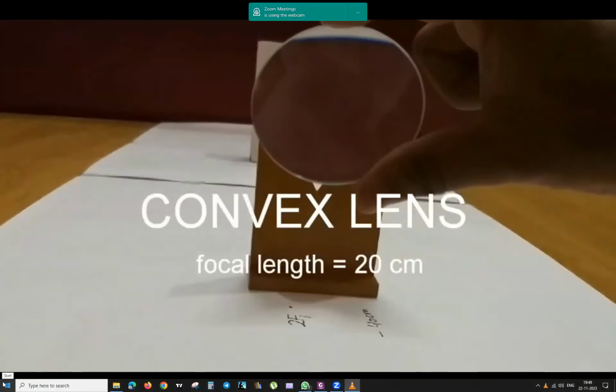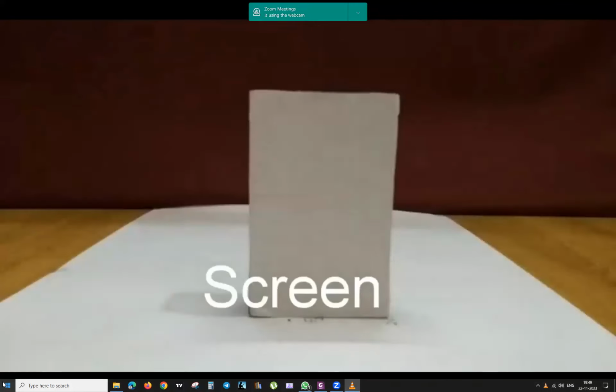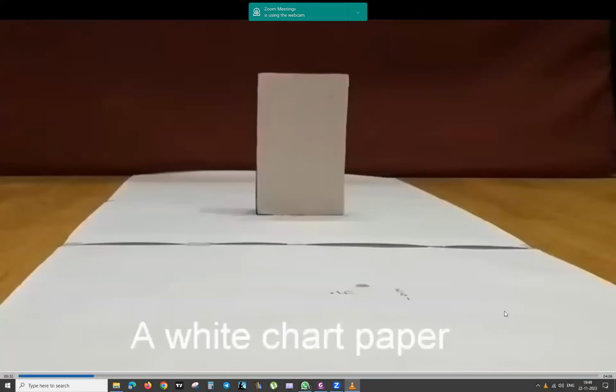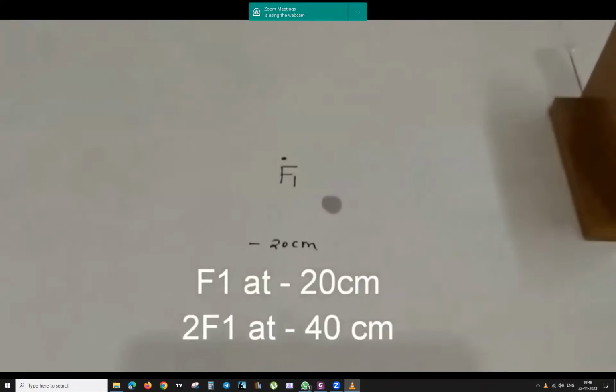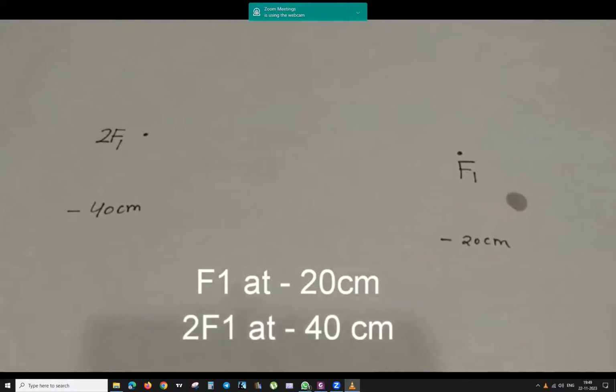So there we have a convex lens and we have a screen. Candle is our object here. So you took a focal length f1 is 20 centimeter, 2f1 is 40 centimeters, 2f.